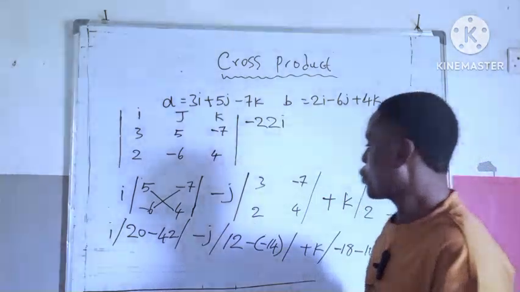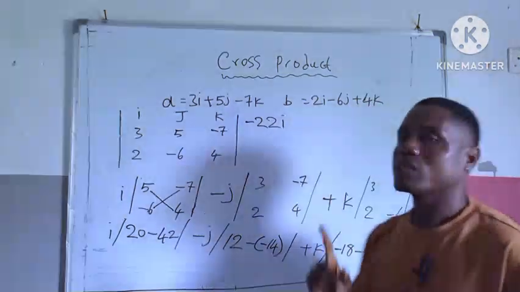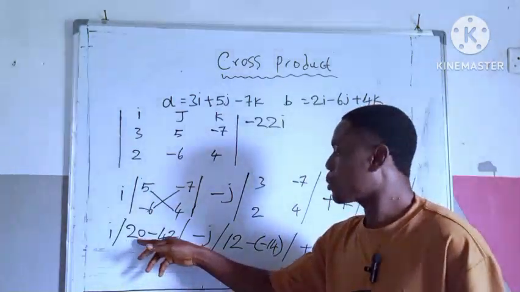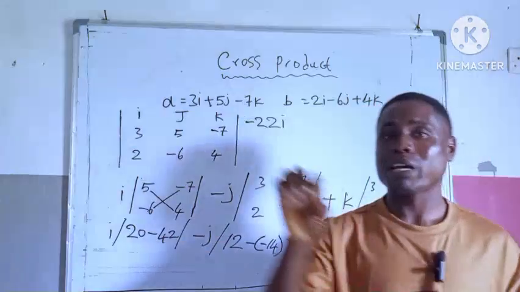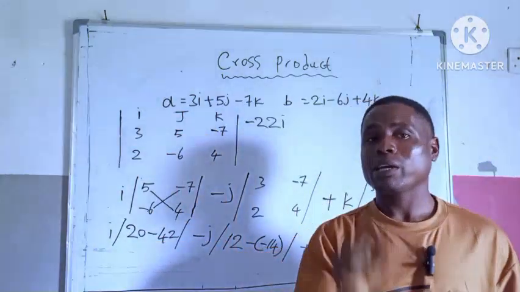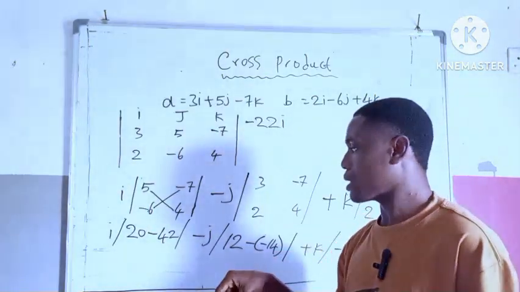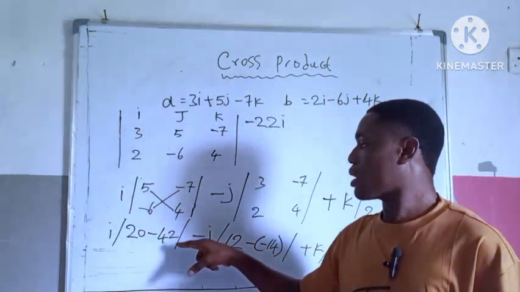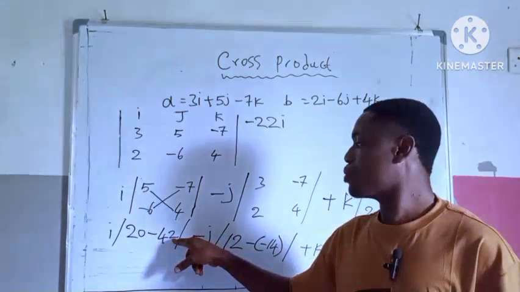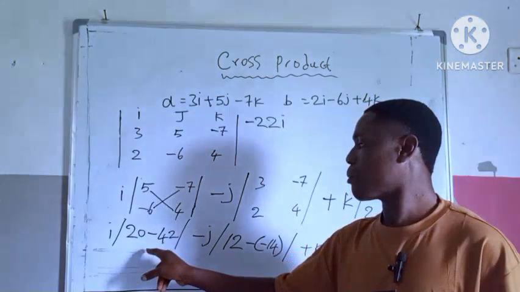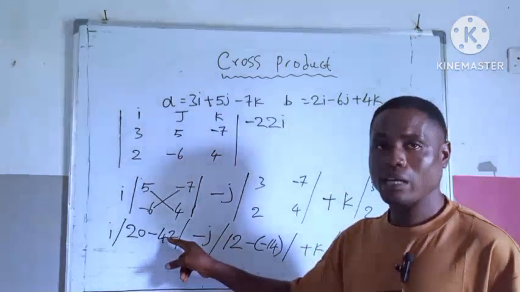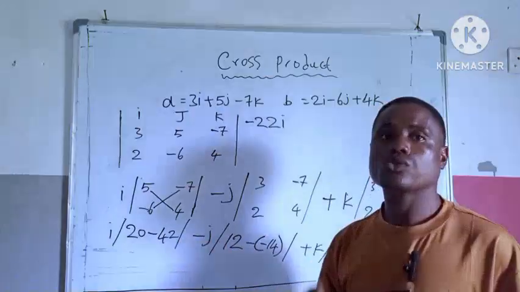Okay. Then, we come to j. Now take note, this number is smaller than this one. So when a smaller number is minusing a big one, the minus sign will be there. I get it. But supposing 42 is here, like 42 minus 20, it would have been 22.